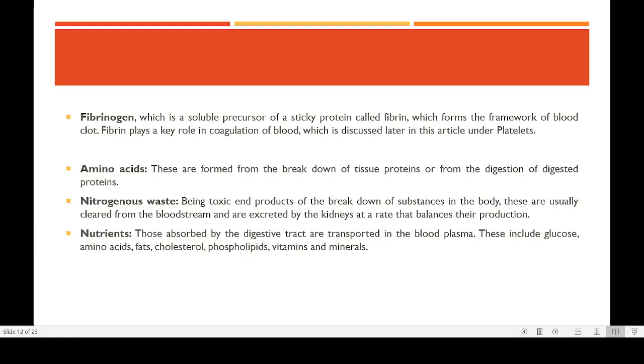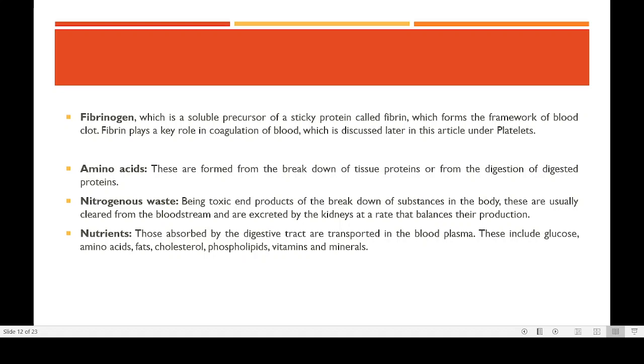When it is activated, this soluble fibrinogen will be converted into an insoluble form, a kind of thread or network-like structure. In that network-like structure, blood cells and platelets get trapped, and that acts as a block, and that is how the clot is normally formed.